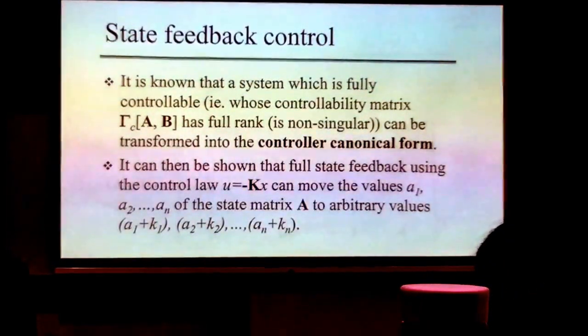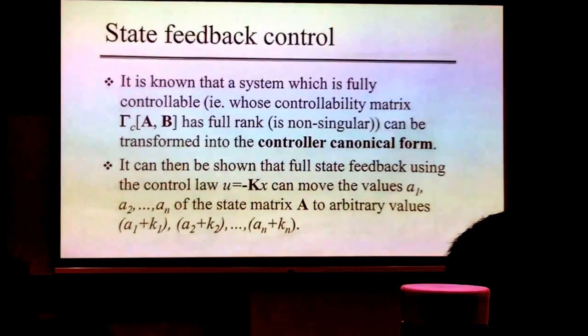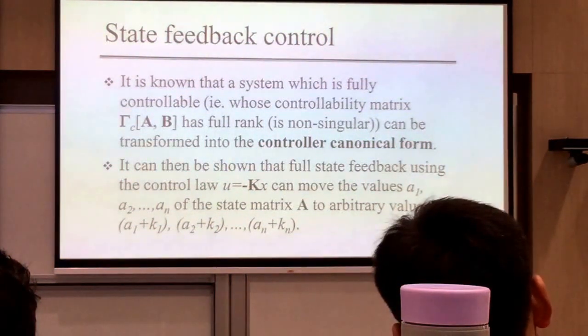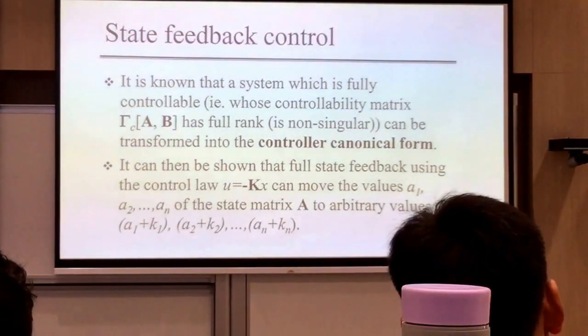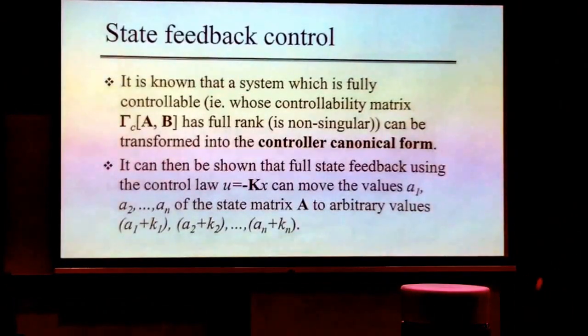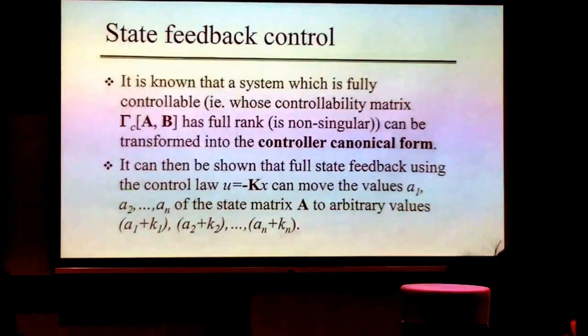So basically we move from a previously open loop system, where we looked at A alone, to now A minus BK. In A minus BK, you move the values from minus a1 all the way to minus an, to minus bracket a1 plus k1, minus a2 plus k2, all the way to minus an plus kn. Very straightforward.